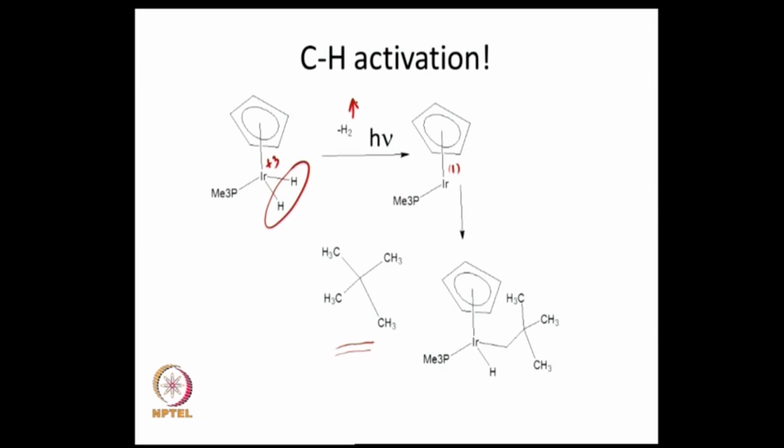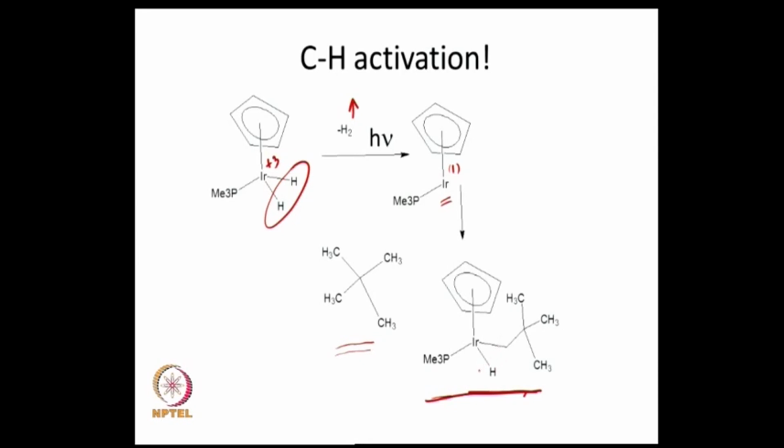So, you have a vacant coordination sphere on the iridium, and the electron-poor iridium grabs a C-H bond on the tetramethylmethane, resulting in the formation of an alkyl iridium species and an iridium-H bond. Notice in these cases, a strong C-H bond is replaced by an iridium-H bond and an iridium-carbon bond.